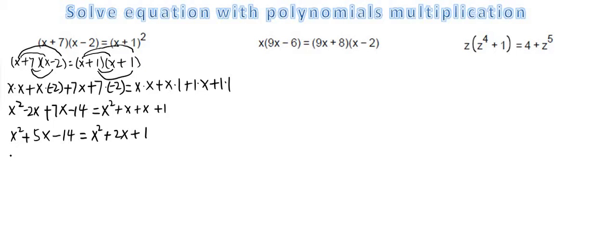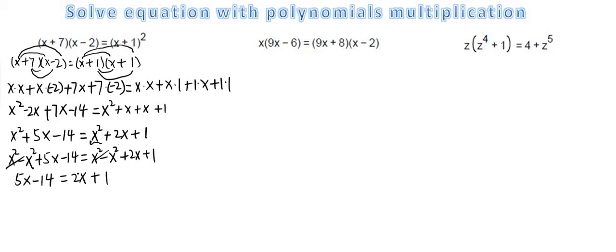We're going to subtract x squared firstly for both sides. And we cancel out. We're going to get 5x minus 14 equals 2x plus 1.